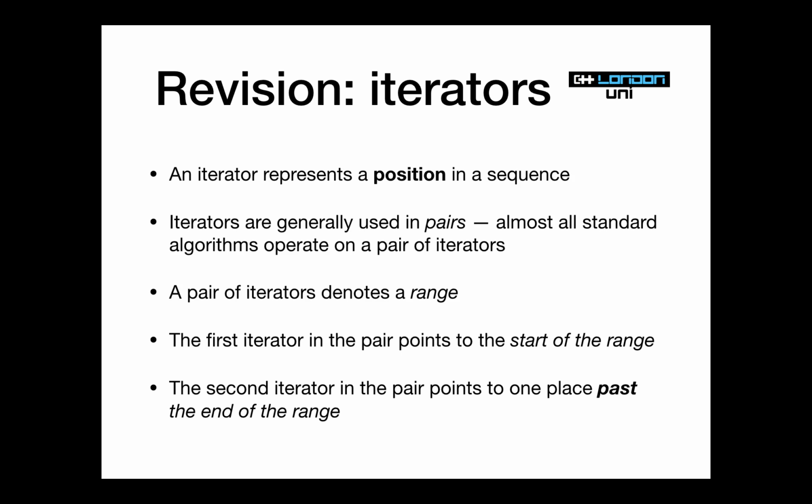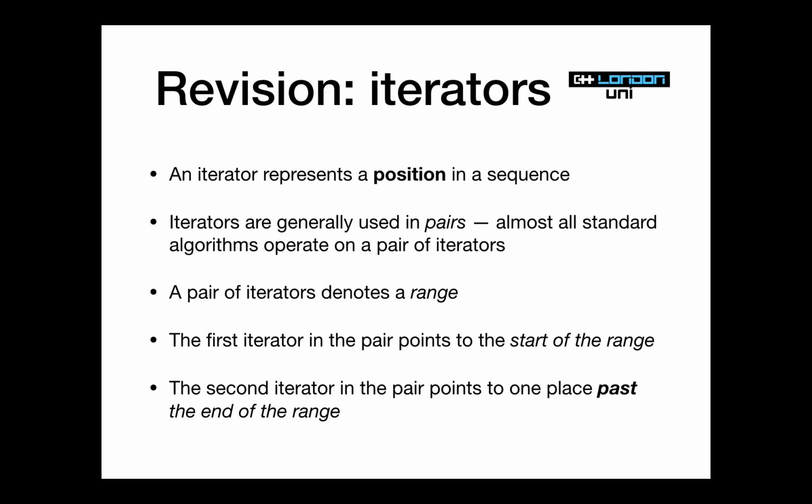Mathematically, this forms what's called a half-open range. We include the first position, we don't include the last iterator. Up to, but not including the last position. Why was it implemented like that? Because it makes it really easy to represent an empty sequence.